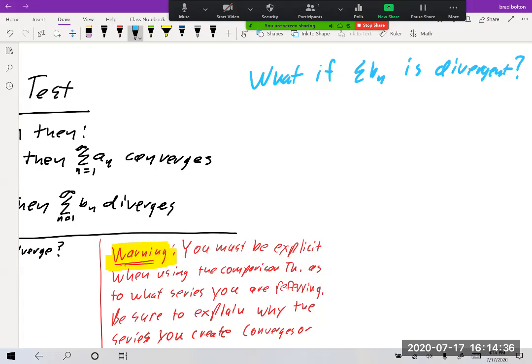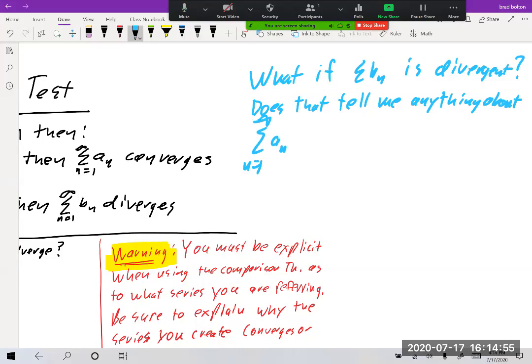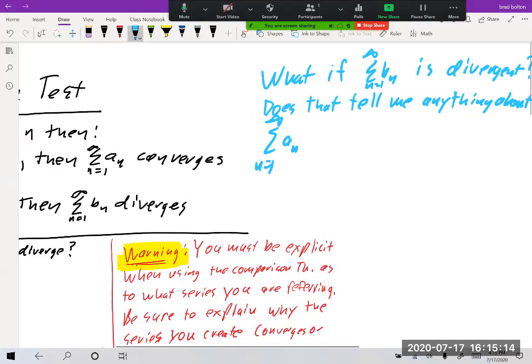Does that tell me anything about the series a sub n, which is the smaller series? Well, as it turns out, it doesn't tell me anything, because b sub n is bigger and approaches infinity, or is a divergent sum. So a sub n, which is smaller, could also approach a divergent sum, or it could converge. We just don't quite know. So it has to line up for the comparison test to work.